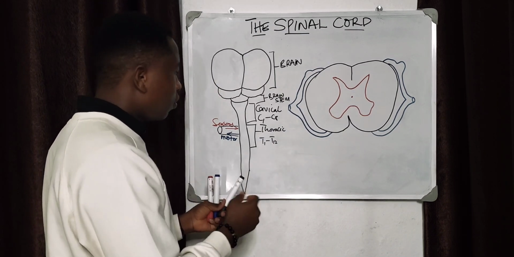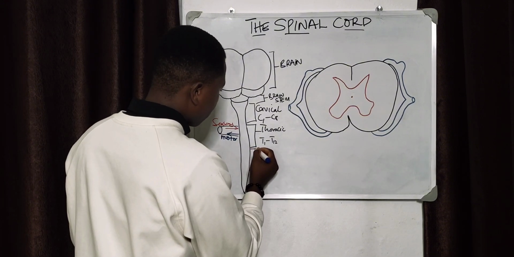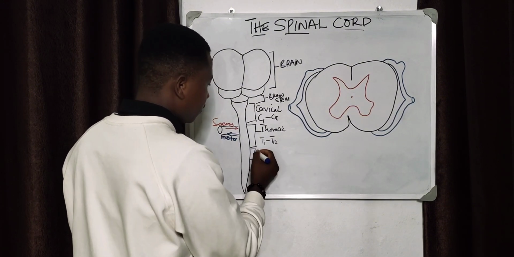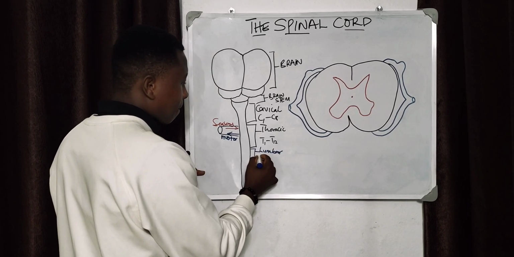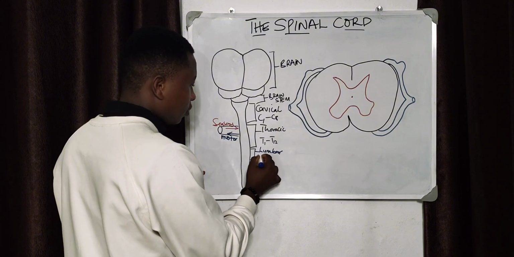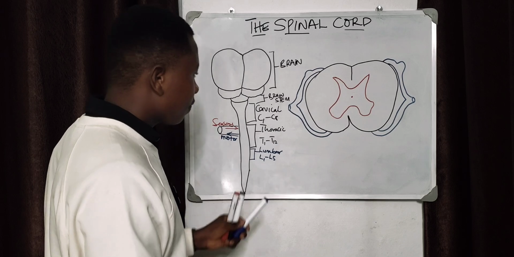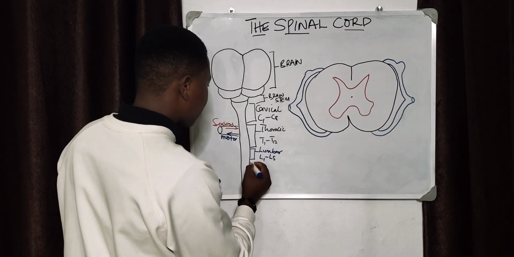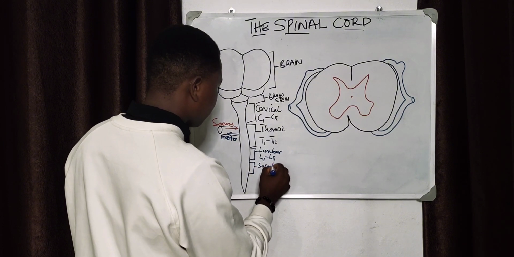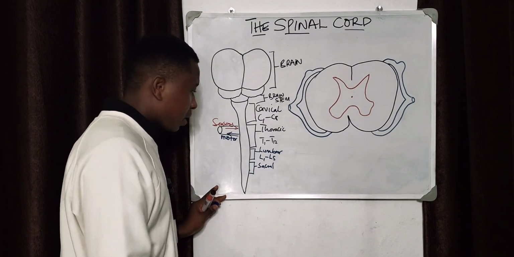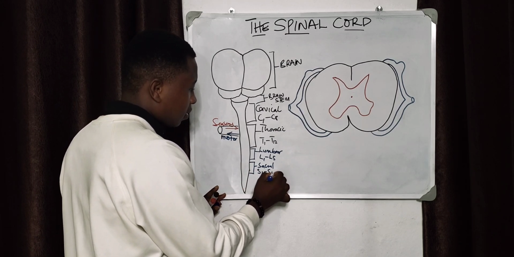Okay? The next one that follows is the lumbar nerves. And they are 5 in number. So you have L1 to L5. Okay? So after the lumbar, you have the sacral nerve, and they're also 5 in number, from S1 to S5.